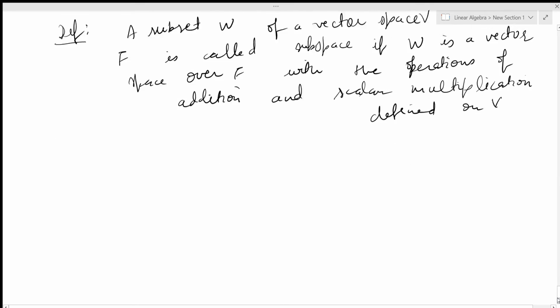So for proving a subspace, as you know, for a vector space we have 8 properties.